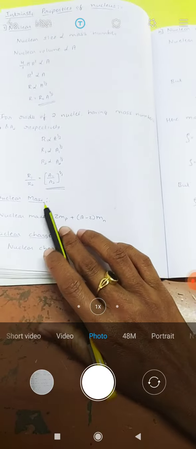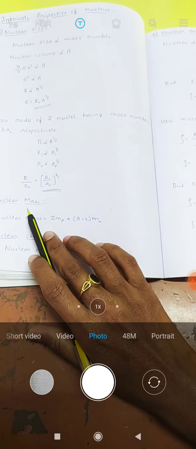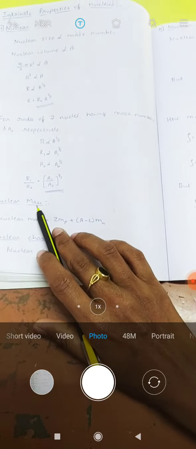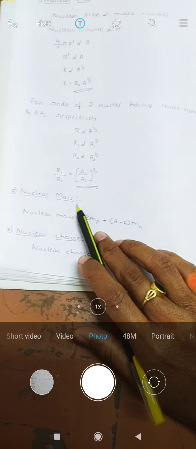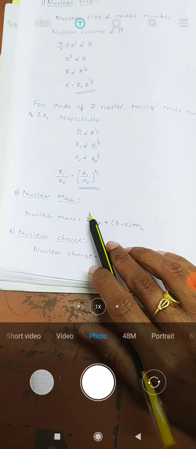This is about the nuclear mass, the sum of the masses of protons and neutrons present inside the nucleus of the atom.